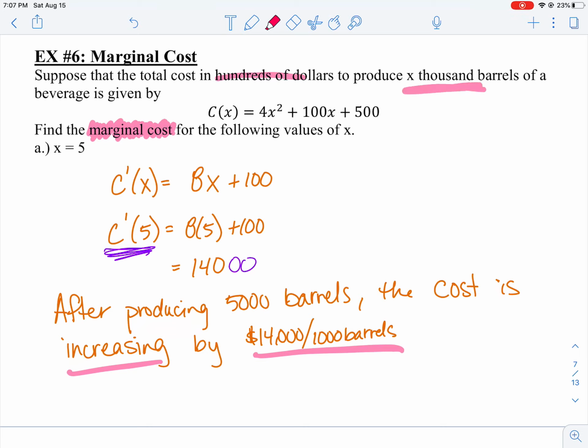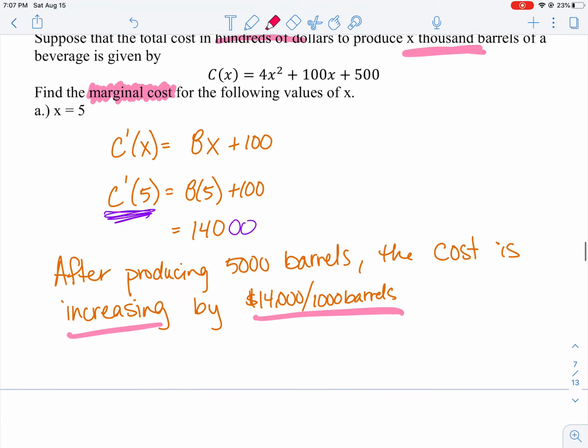Not per barrel, but remember x was per 1,000 barrels. So as soon as I go to produce another 1,000 barrels, my cost is going to go up by another $14,000. It doesn't mean that it cost me $14,000. It means it cost me $14,000 more than it did just a second ago. It's increasing by $14,000 per 1,000 barrels.